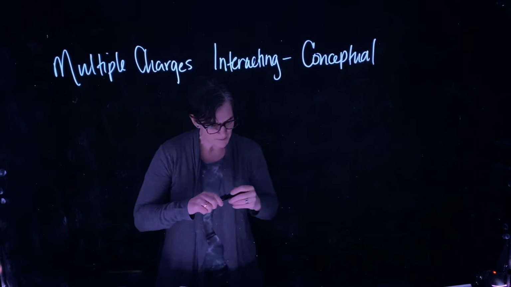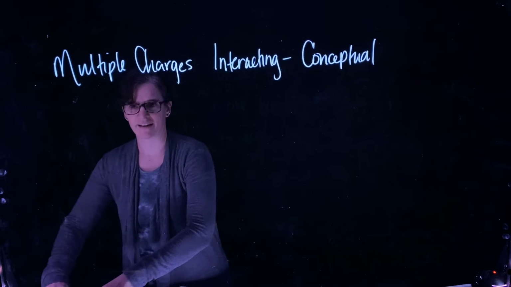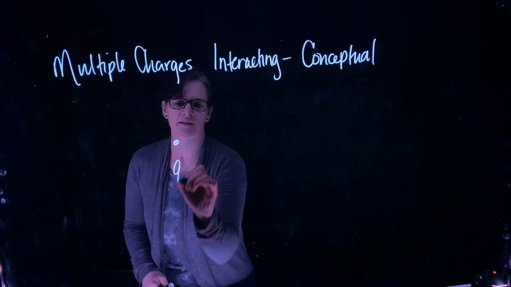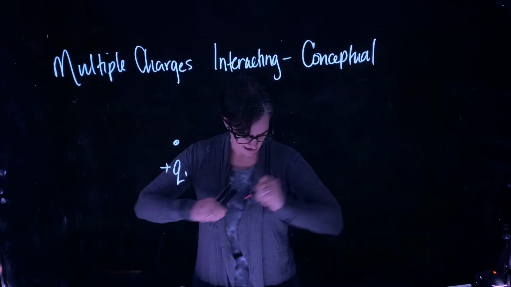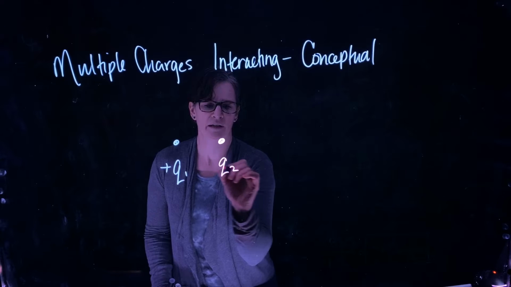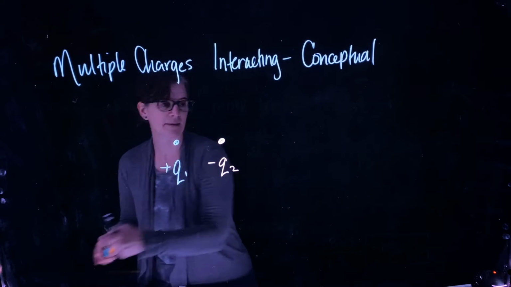Okay, so let's imagine that we have 3 charges in a space. We have Q1, and we'll say Q1 is positive. We're going to have Q2, and we'll say Q2 is negative. And then we'll have Q3.